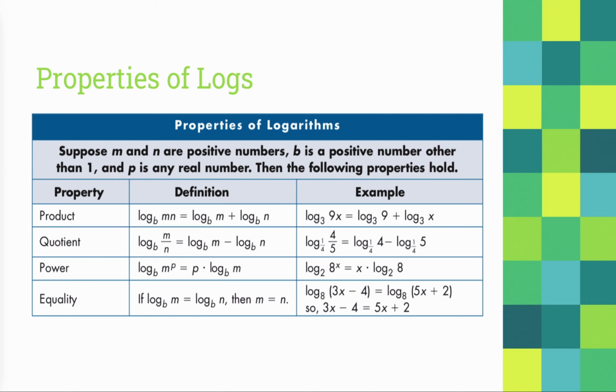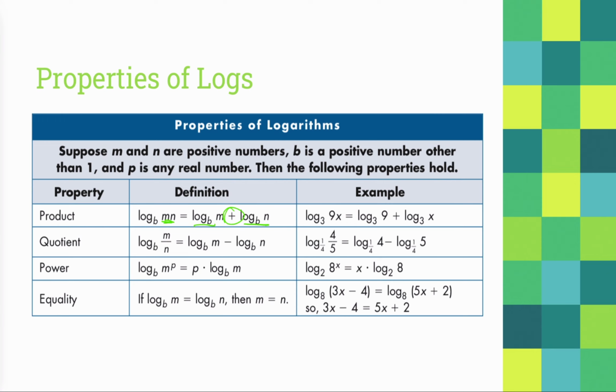Properties of logs. If m and n are positive numbers, b is a positive number other than 1, and p is any real number, the following properties hold. If we have two things multiplied together inside the log, we can split that up into two separate logs and we add them.